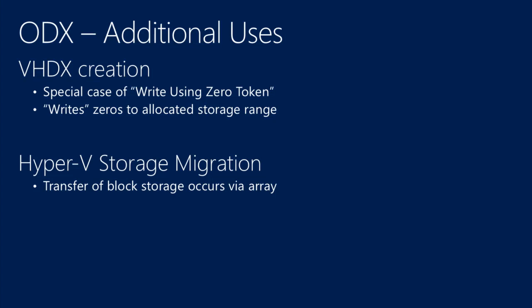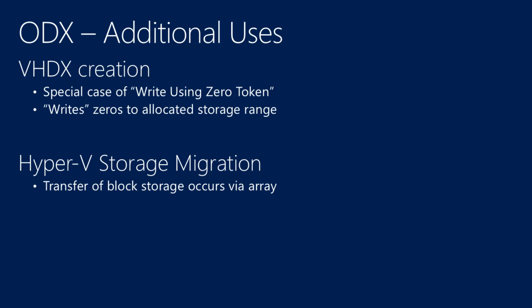VHDX is a new virtual hard disk format that came out with Windows Server 2012, does a lot of things, but it implements a number of special use cases, and we'll talk more about it as we go through some of the other areas. But this, write using zero, tries to initialize the storage allocation, right?